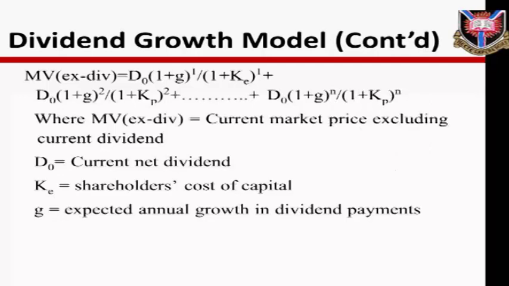That is, MV equals D naught bracket 1 plus G bracket close over K naught minus G. This implies that K naught equals D naught of 1 plus G over MV plus G, or K equals D over MV plus G, where D equals D naught.